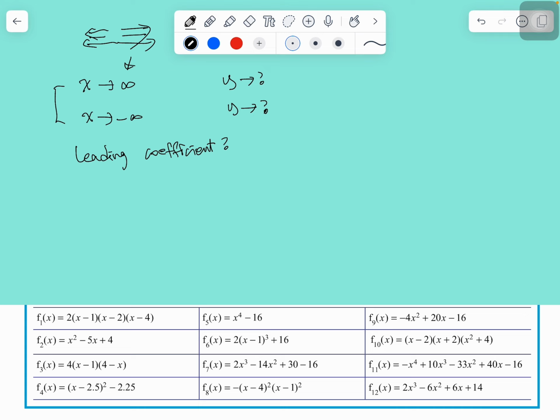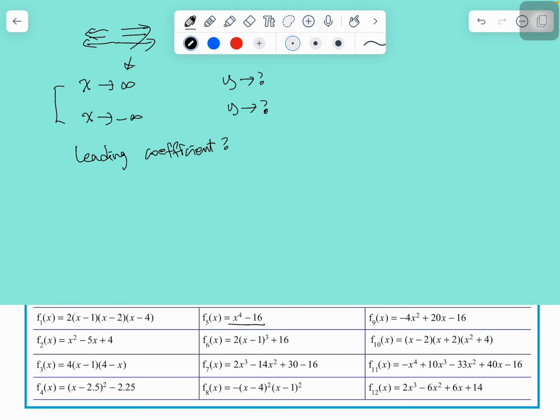For example, x squared has degree 2, 5x has degree 1, but the polynomial has degree 2, the highest. So here, highest degree 4, highest degree 3. The leading coefficient is the coefficient, the number attached to the variable of the highest degree.